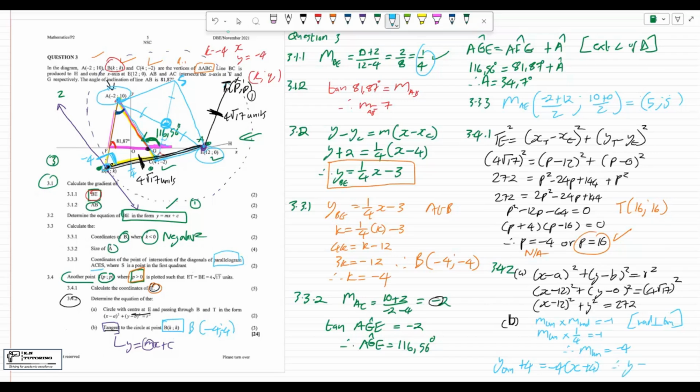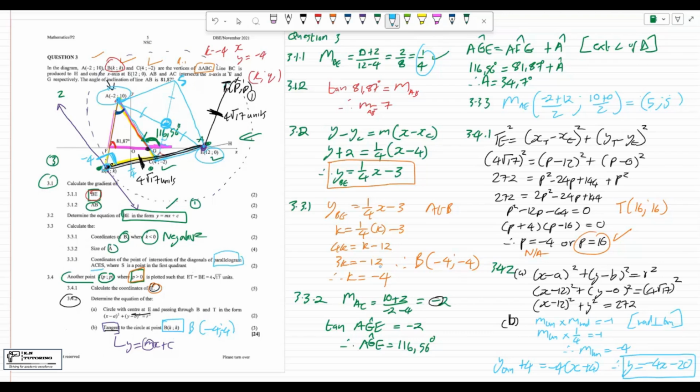Therefore, when you simplify this, you'll find that y equals -4x minus 20. And that is the equation of the tangent line passing at point B.